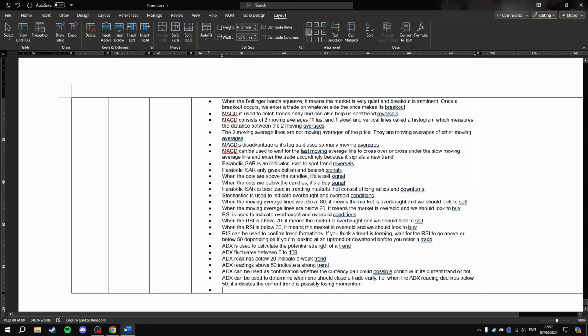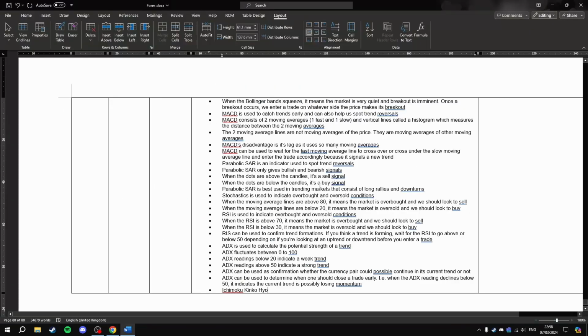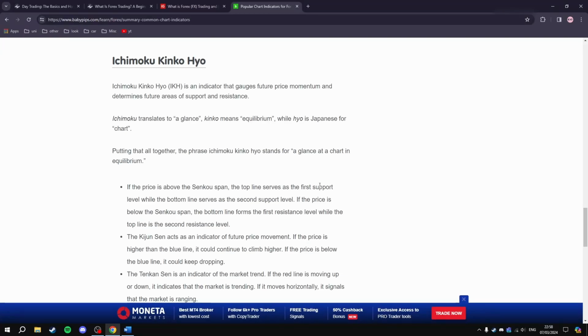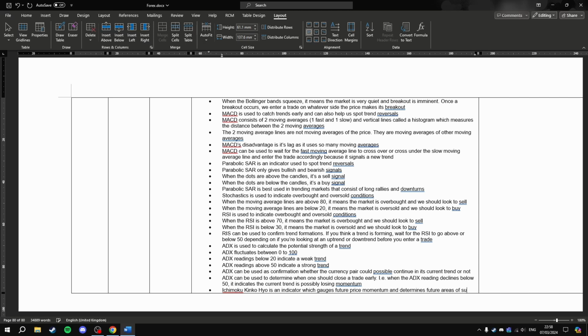Ichimoku Kinko Hyo is an indicator that gauges future price momentum and determines future areas of support and resistance.